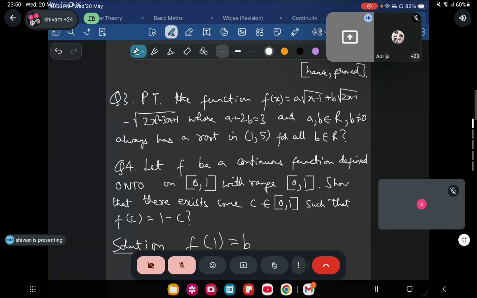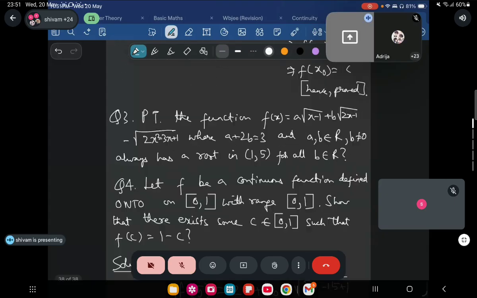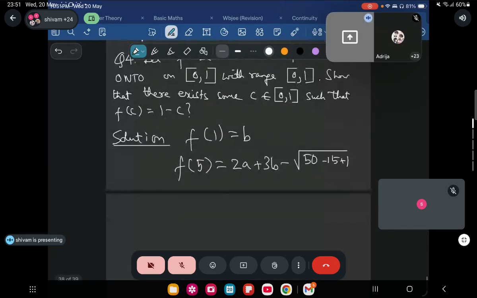F of 5 is equal to a into root over 5 minus 1, that is 2a, plus b into 10 minus 1, that is plus 3b, minus root over 2 into 5 square, that is 50, minus 15 plus 1, that is 6. So that is 2a plus 3b minus 6. So I've got f of 1, I've got f of 5.